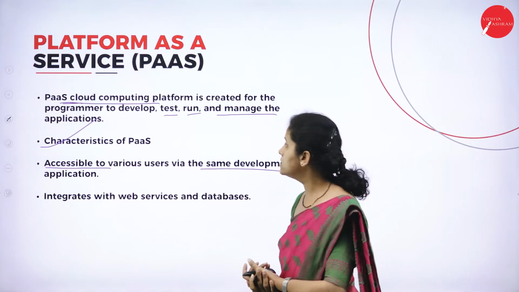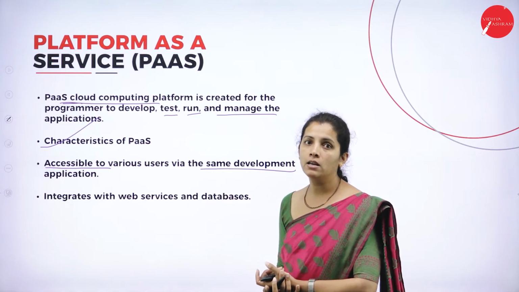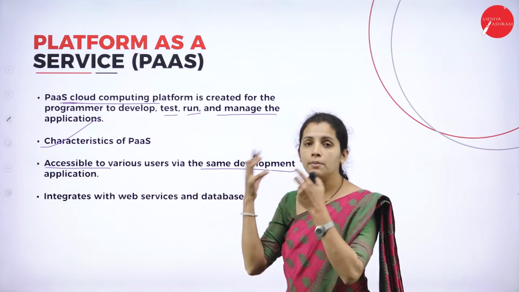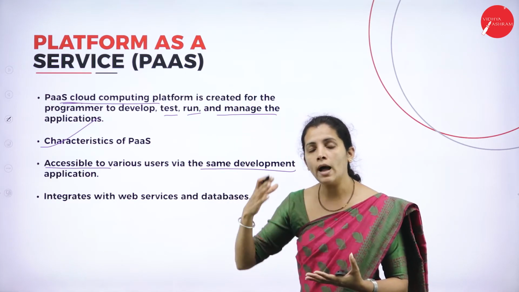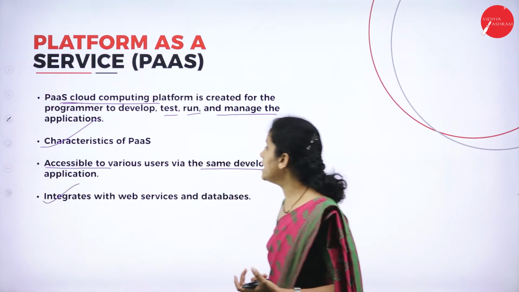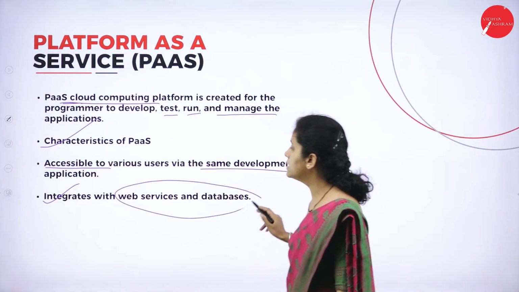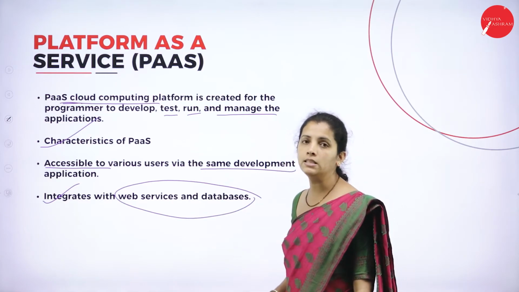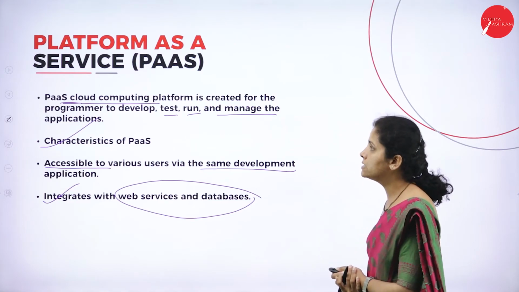So if I consider an online C compiler or online Java compiler, it is stored on a remote server, but all the users can access that compiler. It integrates with web services as well as databases. That means it's going to connect with the web services as well as databases.